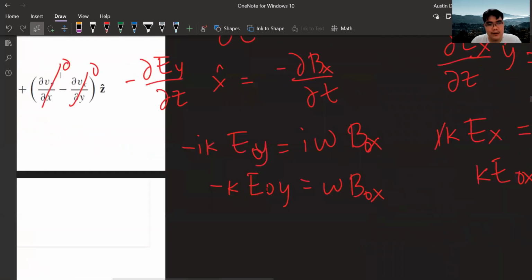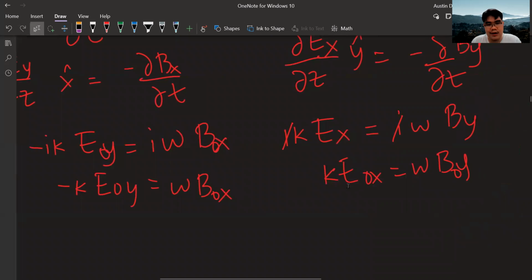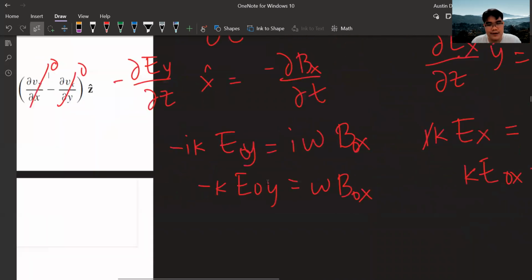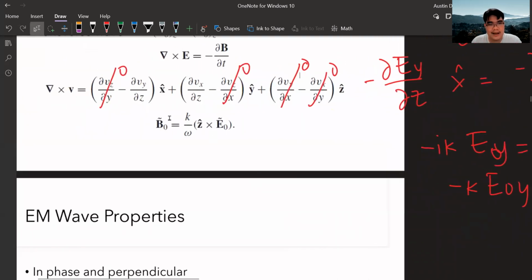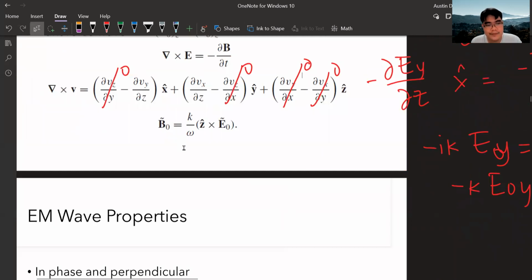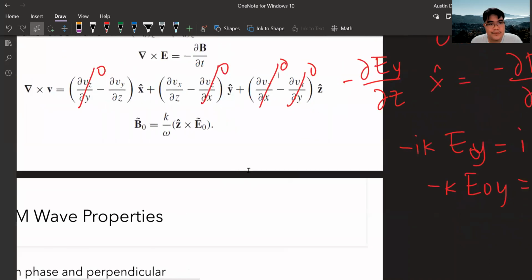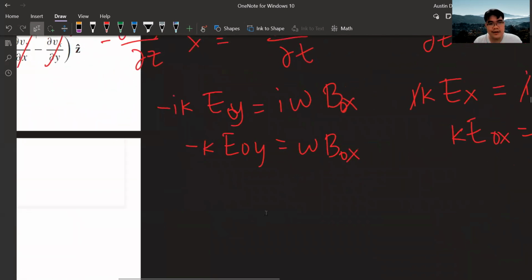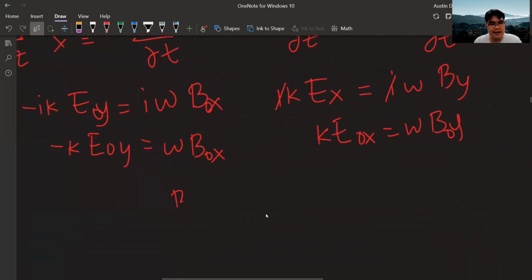Okay, now we can generalize these two equations to produce this guy. Napansin nyo yan, kung iayusin lang natin ng onte, B naught x is just negative k over omega E naught y.